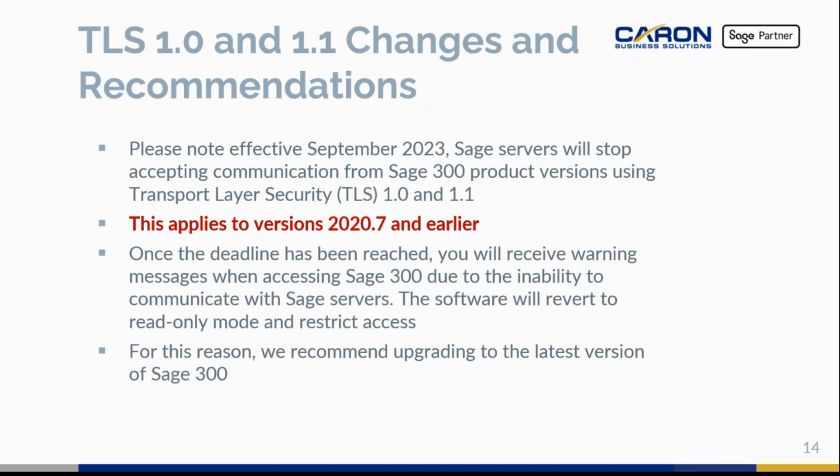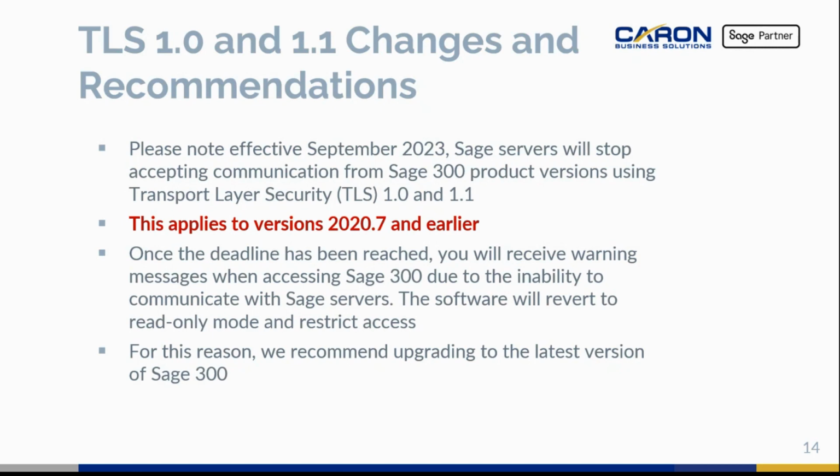What that means is, Sage works on subscription licensing now. So when you log in, your system tries to connect to the Sage licensing server using the TLS. So once this deadline has been reached and 1.0 and 1.1 are no longer supported, you won't be able to access Sage.